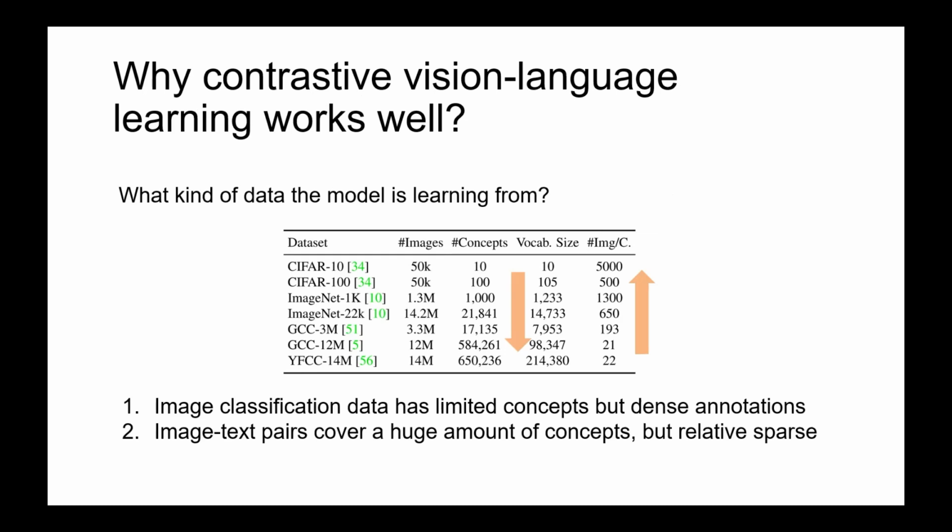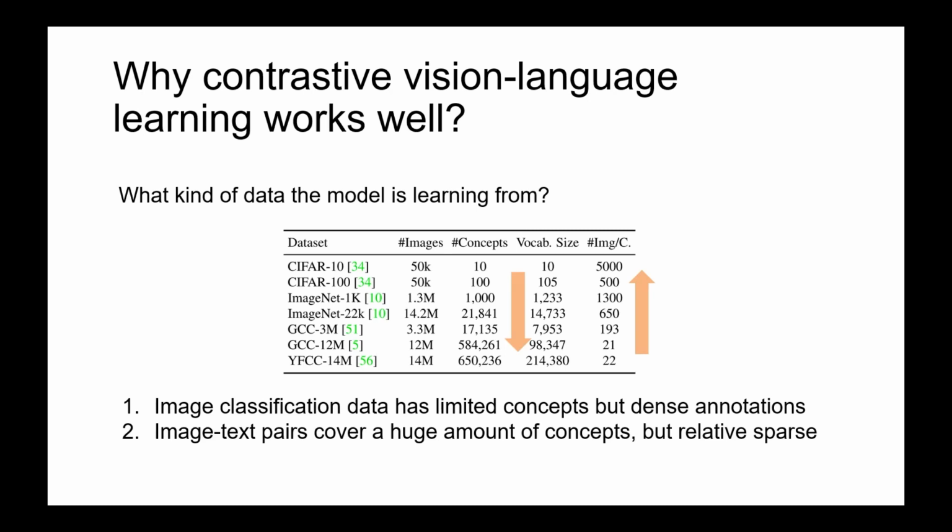If we look from top to bottom, we can see the number of concepts is dramatically enlarged, from maybe hundreds or thousands to millions. On the other hand, the density of each concept is becoming sparser and sparser.